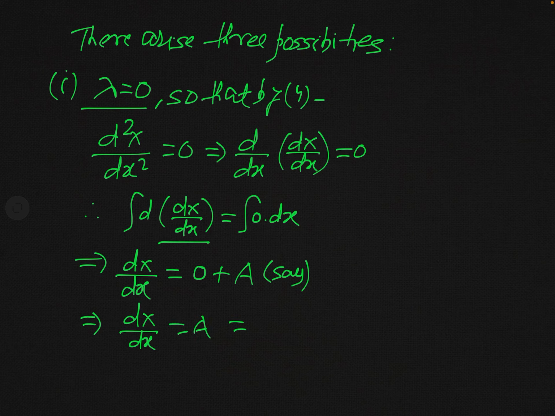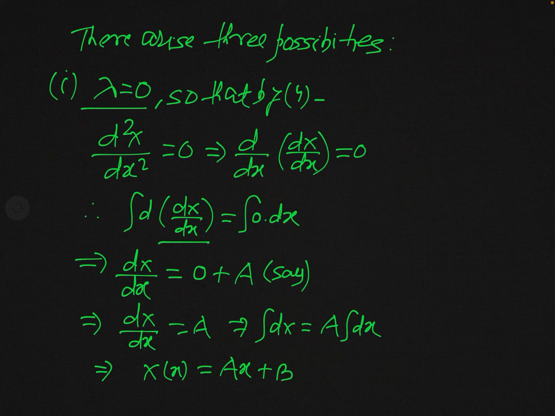Now to get the value of x, we will again integrate it, and you can see integral of this dx will be equal to a times integral of dx. A is constant, so I have taken it outside of the integral, and you can see this integral will be simply capital X of x is equal to a times a small x plus another integration constant.